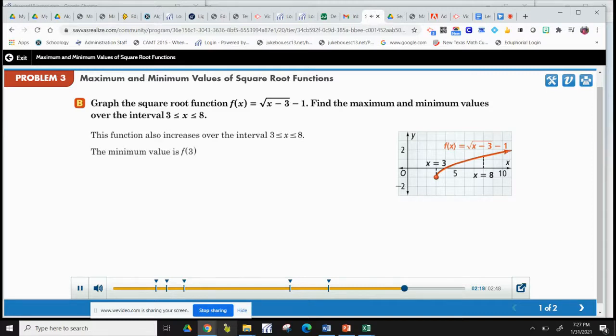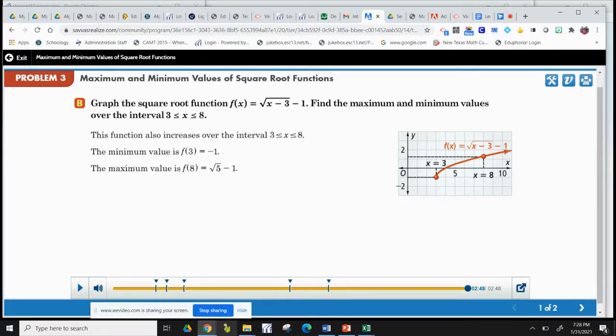The minimum is f of 3, which equals negative 1. The maximum is f of 8, which equals the square root of 5 minus 1. I was a little off on my calculations there, huh? Square root of 5 minus 1.